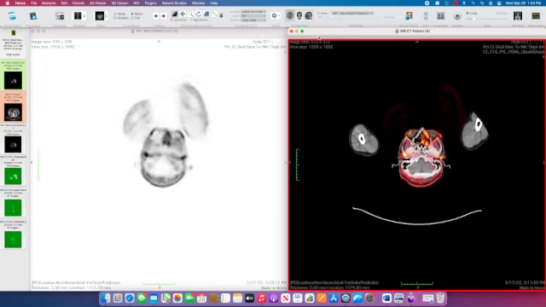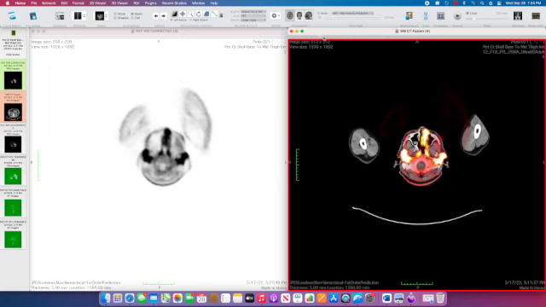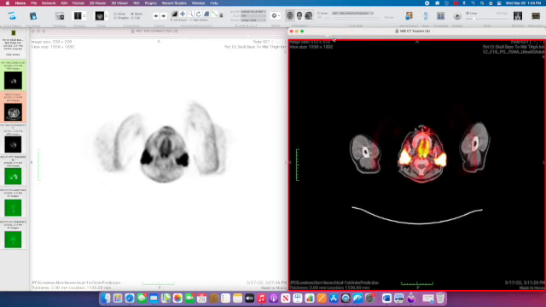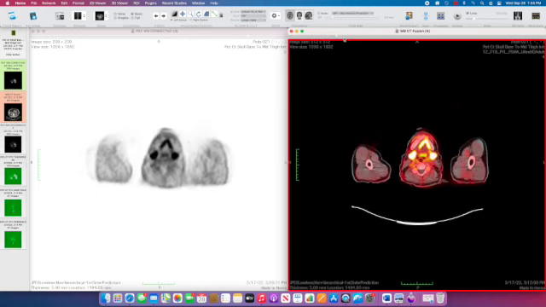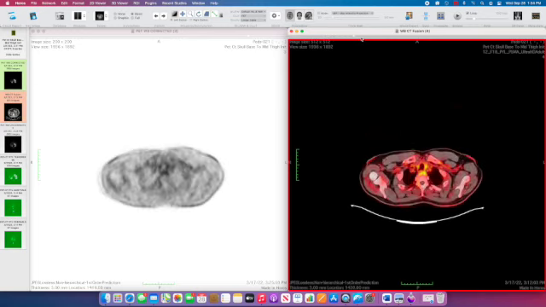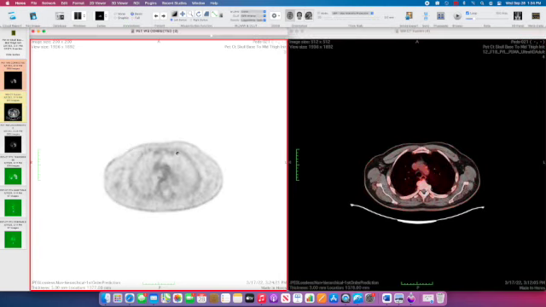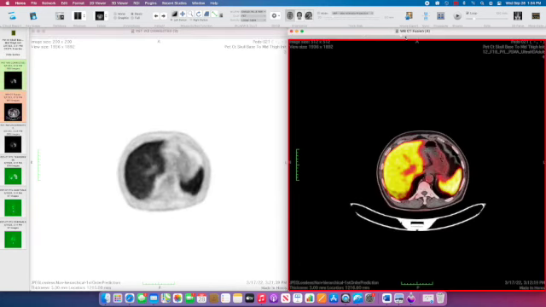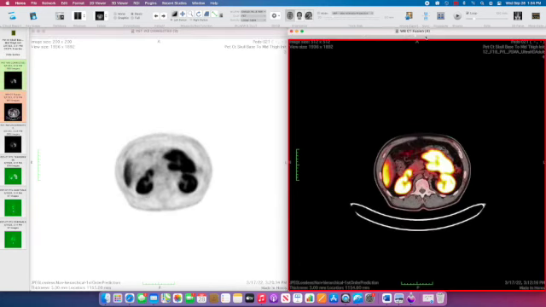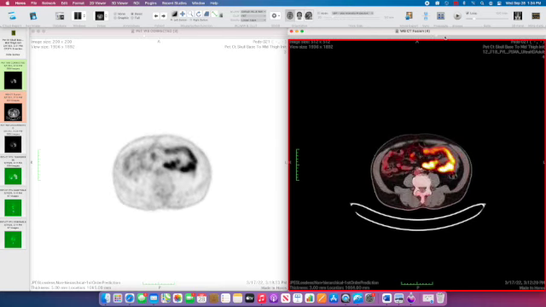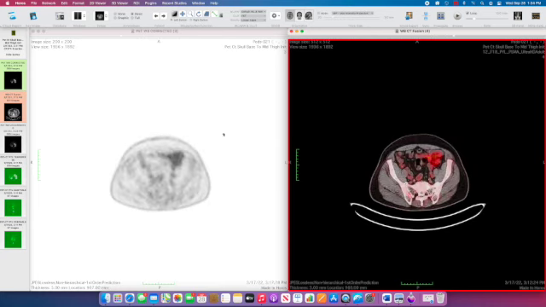There are some areas that have physiologic uptake in the lacrimal and salivary glands here as I scroll down. But basically what we're going to do is go down and look in the area of the prostate and see if we can find this person's primary prostate cancer.